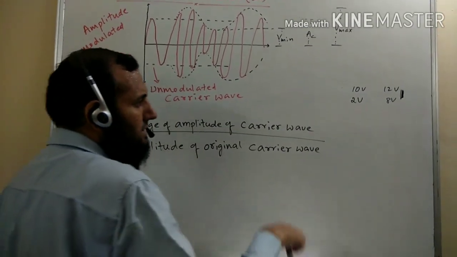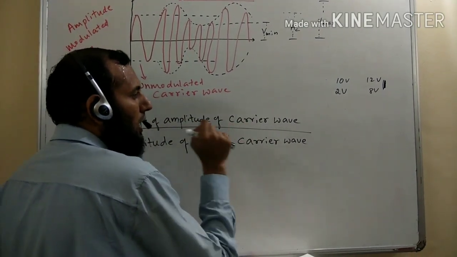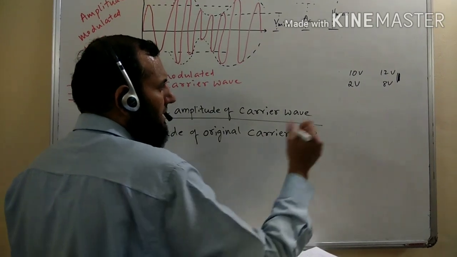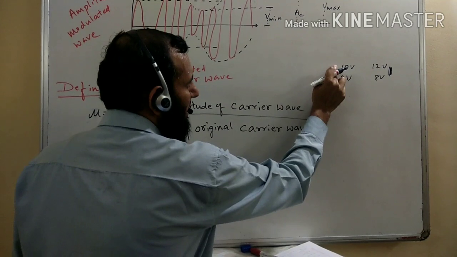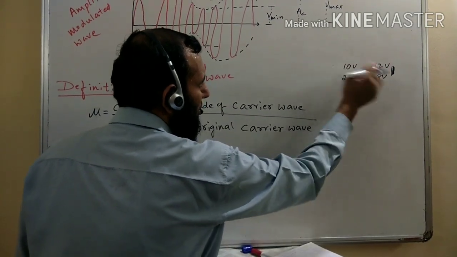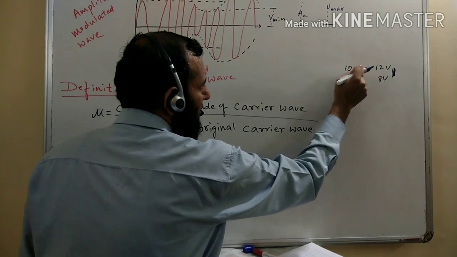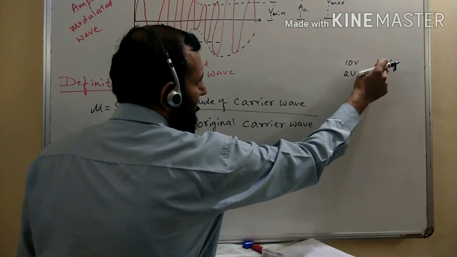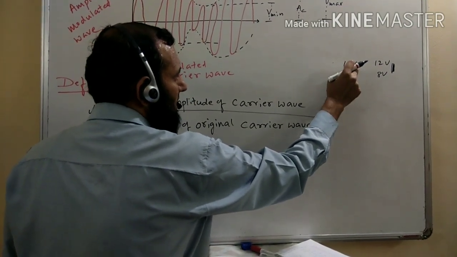Now if we want to see how much the amplitude of the carrier wave has changed: initially it was 10 volts, and it has changed to 12 volts. So how do we find the change? The change is 12 minus 10 volts, that is, the amplitude V maximum minus the amplitude of the carrier wave.